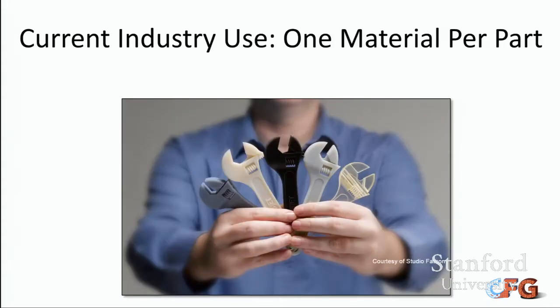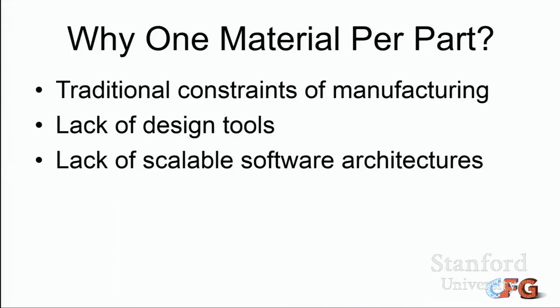So if you look at current industry use of multi-material 3D printers, although there are capabilities of 3D printing with multiple materials, users typically pick one material per given part. So the main question is here, so why? Why one material per part?